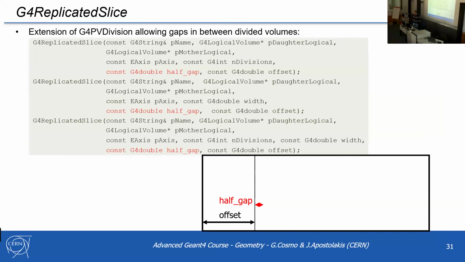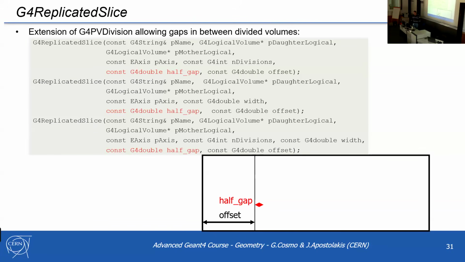Okay, there is also another special construct that you can use, which is called the replicated slice. It is like a division, and there are three similar kinds of constructors. But in addition, you can specify a half gap between daughters.